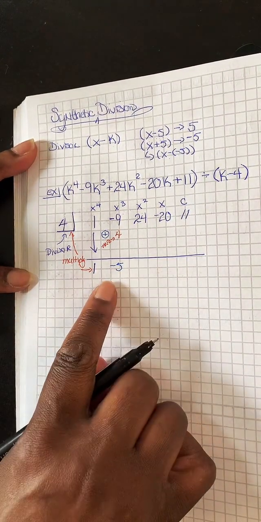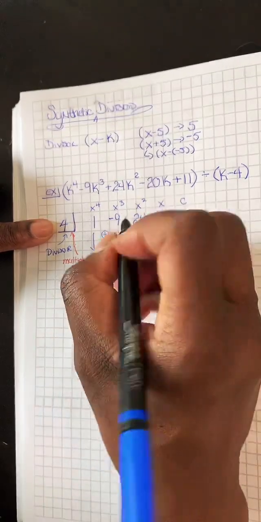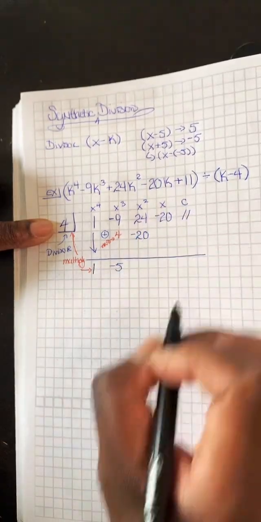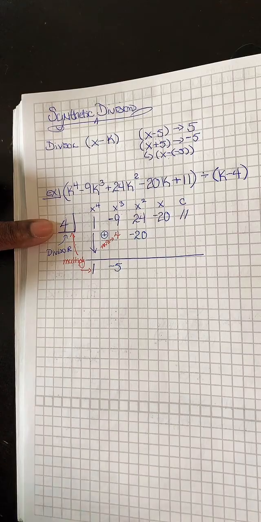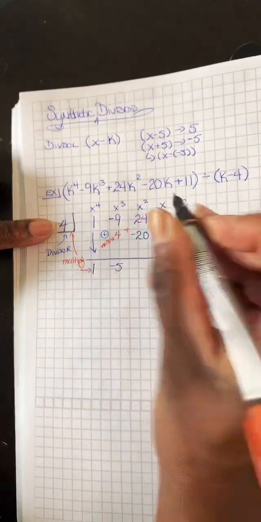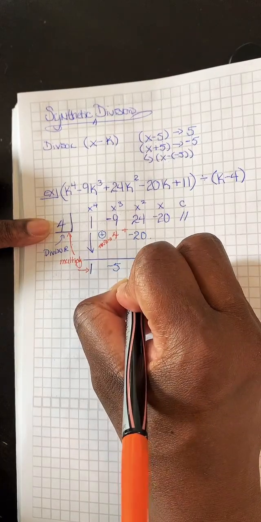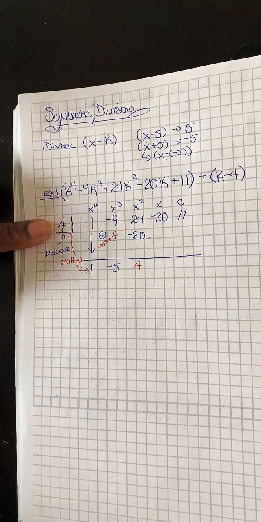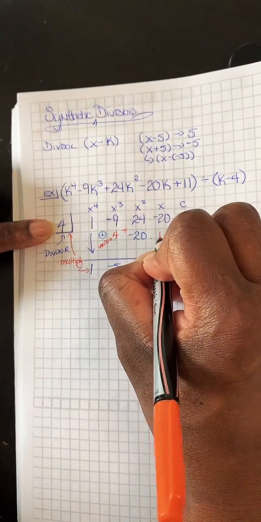So as we multiply again, we're doing the process again. So 4 times negative 5 gives me negative 20. Then we have to add. 24 plus negative 20 gives me 4. So now we got 4 times 4 gives me 16.